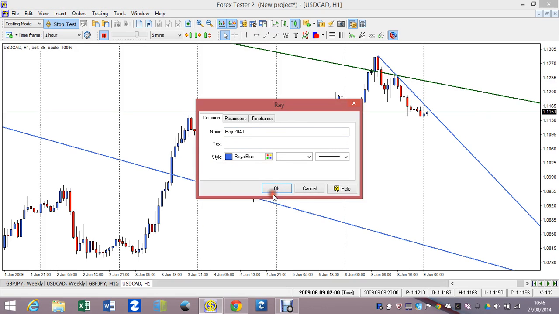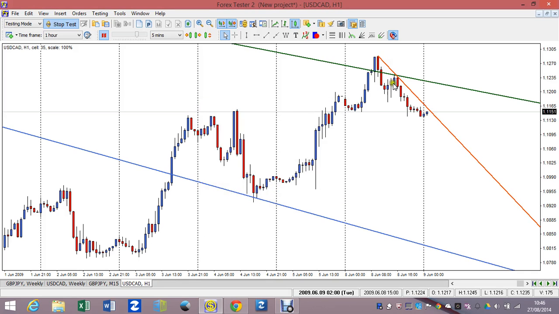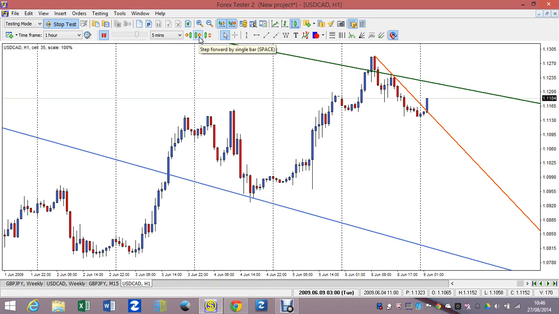Here we've got an hourly trend line, which ties in nicely with this ascending trend line that's been created from the lows.